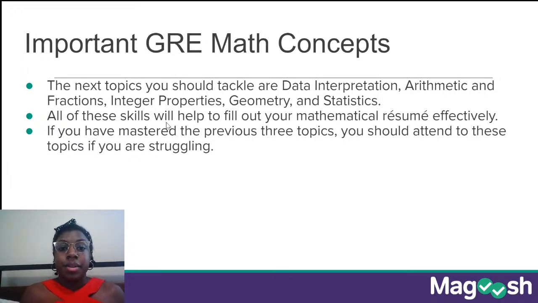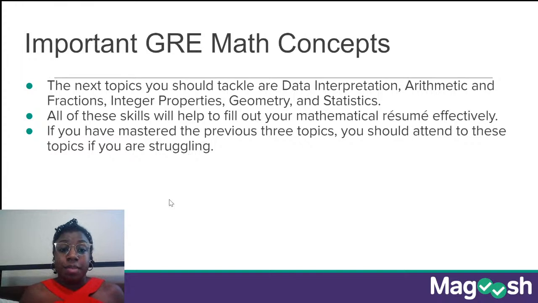Now, let's say that you are strong in word problems, percents, and ratios, and algebra. What then? The next topics you should tackle are data interpretation, arithmetic and fractions, integer properties, geometry, and statistics. Data interpretation problems require you to use your reading comprehension skills to interpret the math in charts and tables.